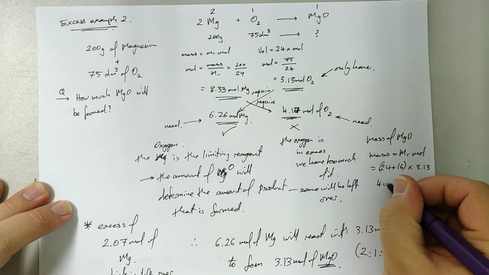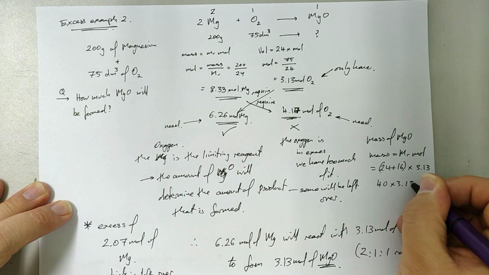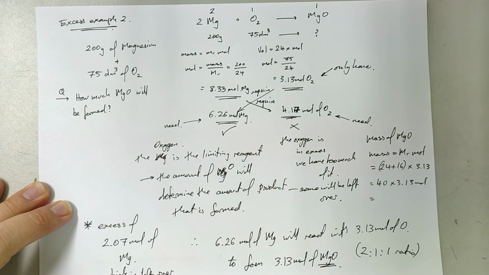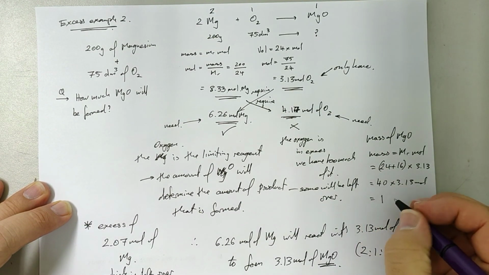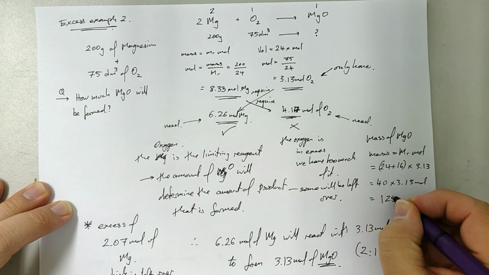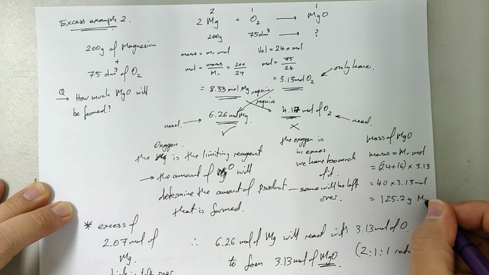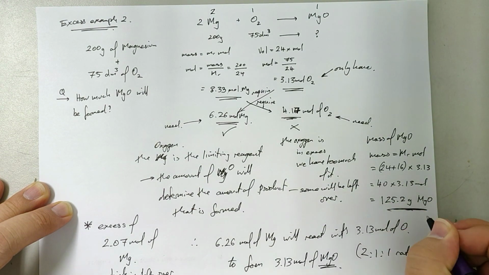So that's going to be 40 times 3.13 moles, which is equal to what? So 40 times 3.13 is equal to 125.2 grams of MgO. Okay.